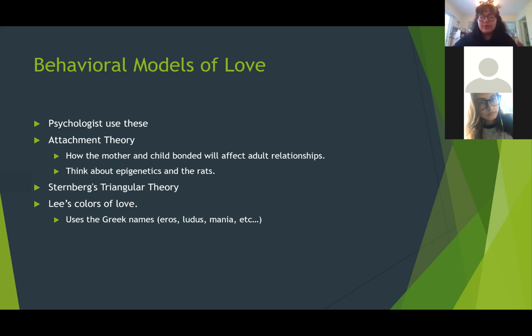Think about how the researcher in that video also talks about high licking rats, and how the rats that were highly licked by their mothers turned out different from the rats that weren't. So think about basically that, but for humans.